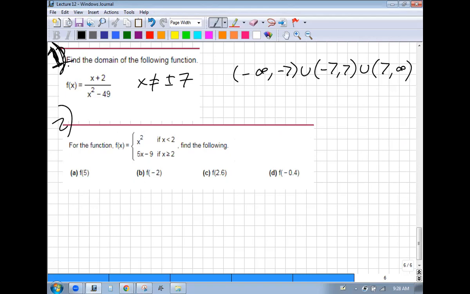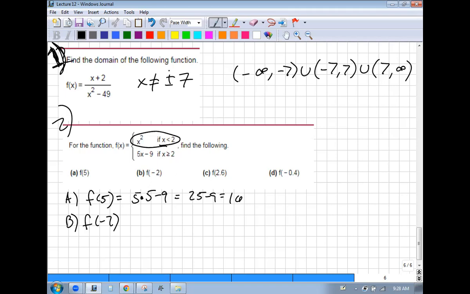Here's a function. It's a piecewise defined function. Find f of 5. All right. Well, we have to use this one because it says use this one if x is bigger than or equal to 2. So it would be 5 times 5 minus 9. If we use that, it would be 25 minus 9, which is 16. f of negative 2. Well, negative 2, we have to use that one because x is less than 2.